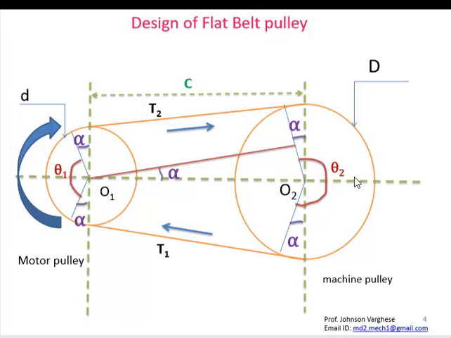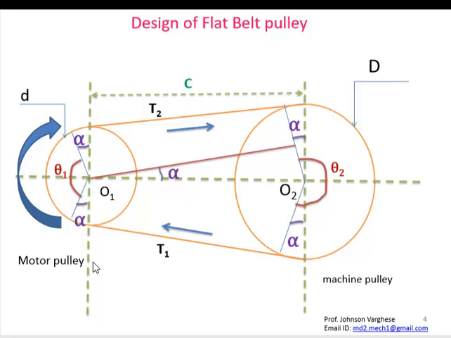You can also observe there is a symbol called alpha, and alpha makes an angle. It is important to observe that the belt makes contact with the pulley alpha degree ahead of the vertical line. In the same manner, for the smaller pulley, the belt makes contact with the smaller pulley alpha degree later to the vertical line.